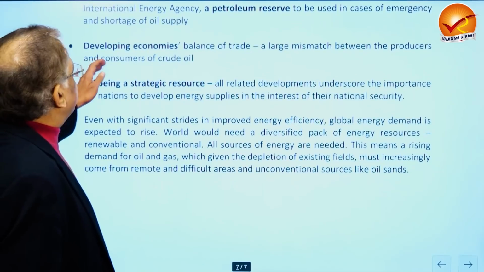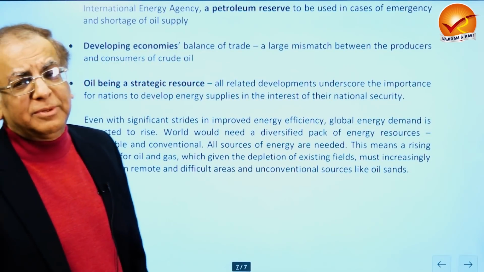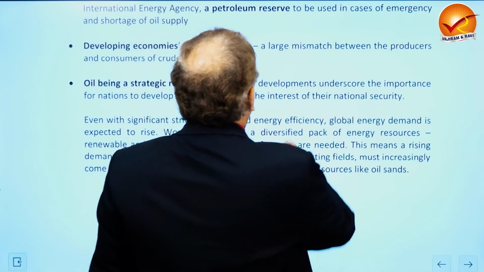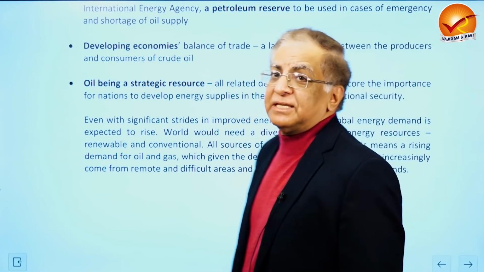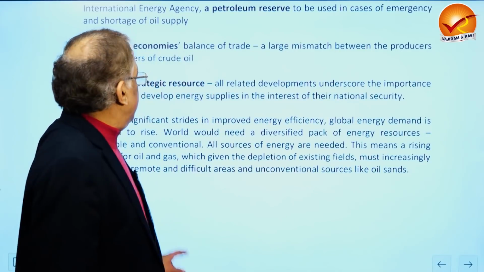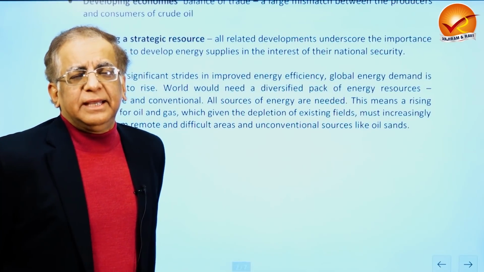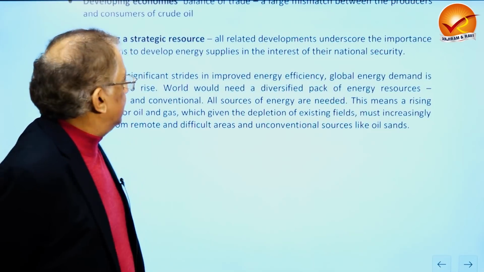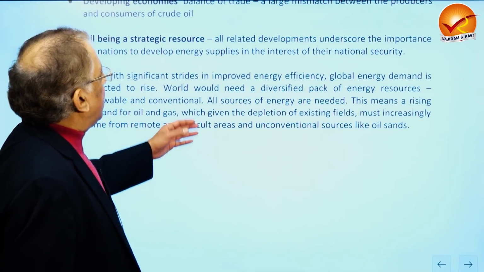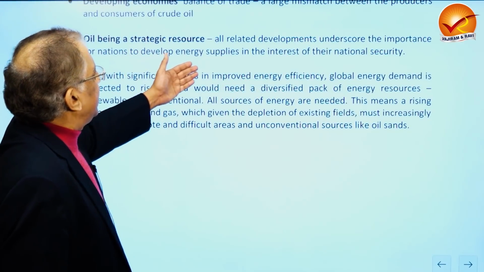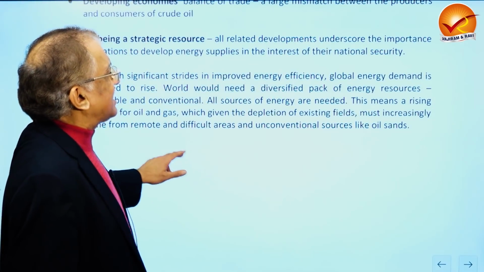And then you have developing economies having problems in their balance of trade. Remember, there is a large mismatch between the producers and consumers of crude oil. And this oil is suddenly a very strategic resource today. All related developments underscore the importance for nations to develop energy supplies in the interests of their national security.